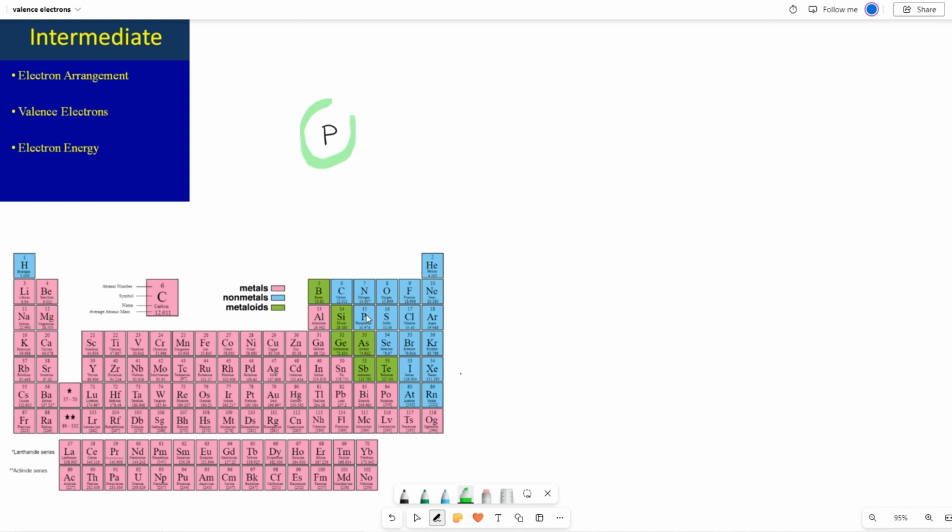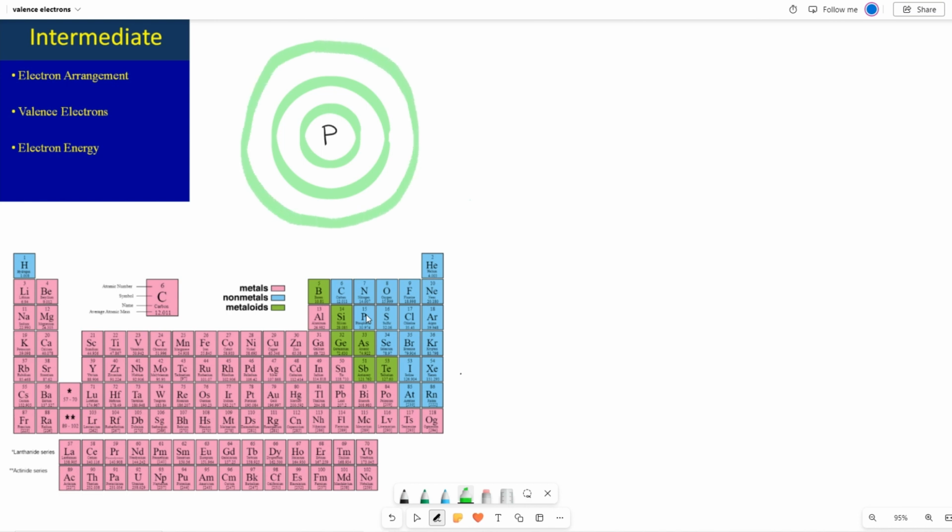Here's the first energy level, the second energy level, or the second shell, and then the third energy level, or the third shell. Now, phosphorus has a total of 15 electrons. So let's begin placing them in the atom.